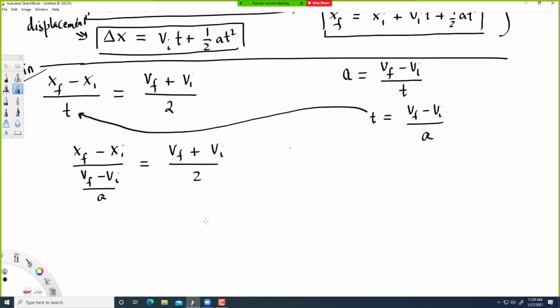Again, the math may be a little bit complicated, but you don't need to worry about the derivation. We just need the final product. So let's do the math here.